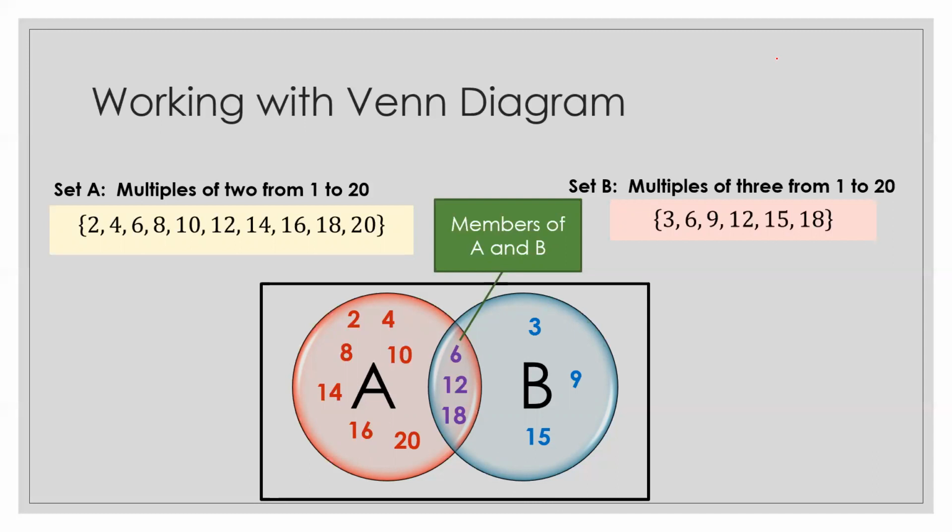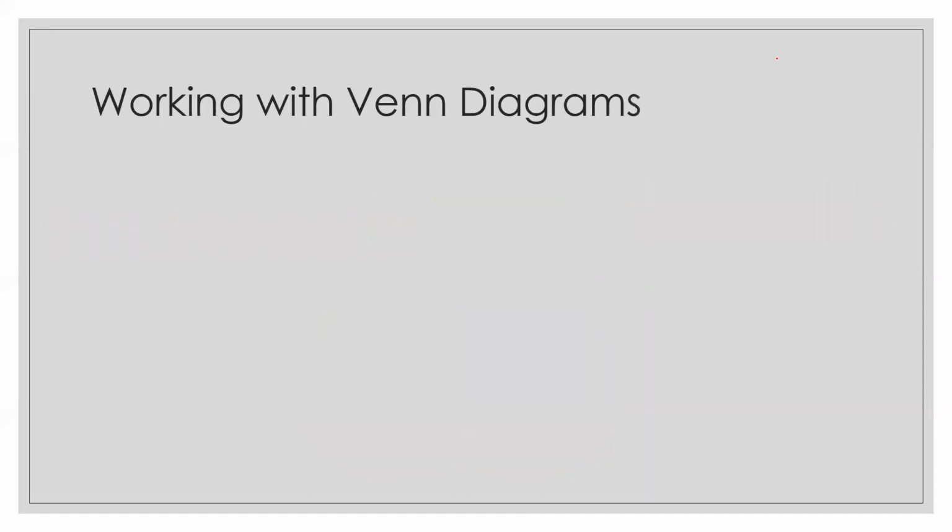And then 15 is in B, but not A. And that is it. So a Venn diagram, again, is just a way of describing the relationship between A and B.